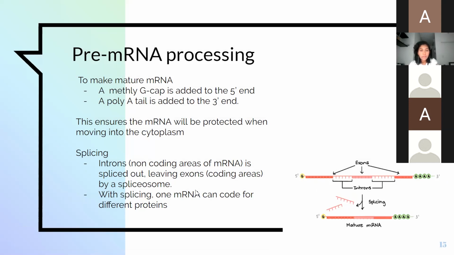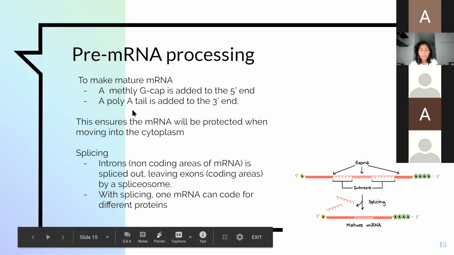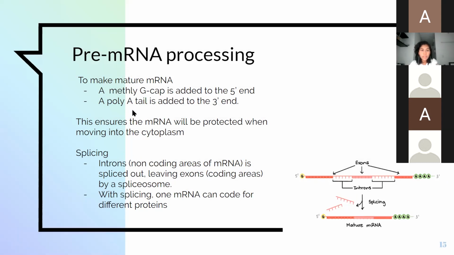Another important part of mRNA processing is splicing. Splicing is essentially removing non-coding areas of the mRNA, which are called introns, and you leave the exons, which are your coding areas.